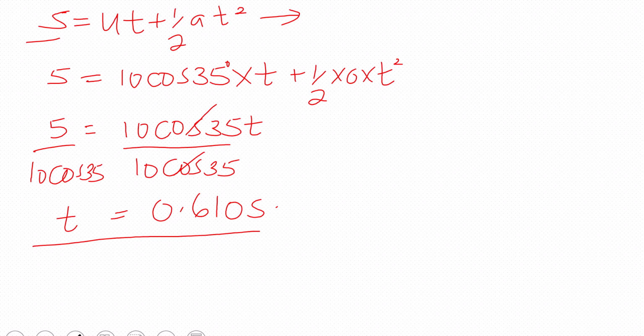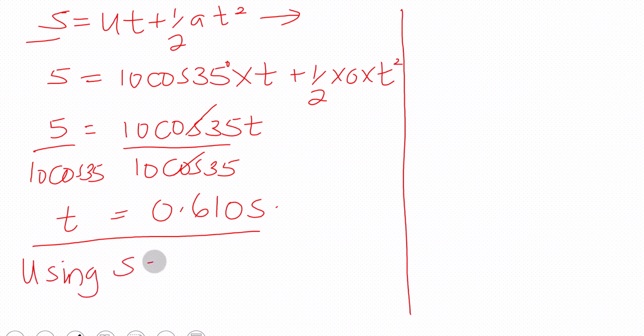So with this, we can still use the same equation, but now considering vertical motion. So let me erase this one so that we can get space. I will say using S is equal to ut plus a half at squared, we are considering vertical motion.